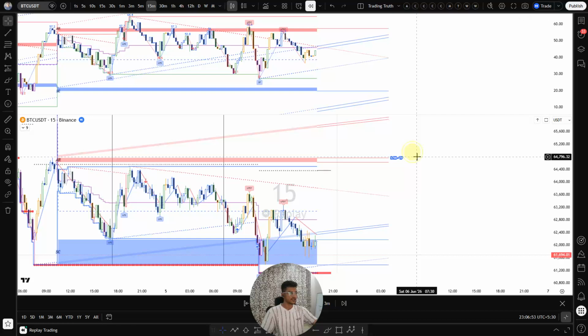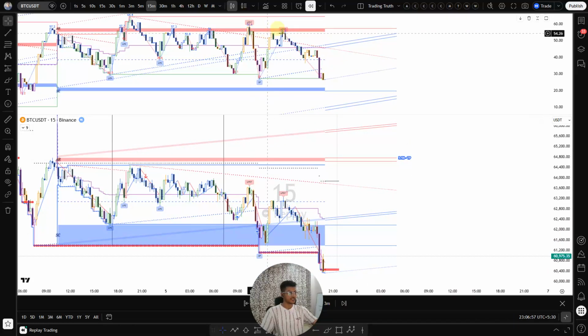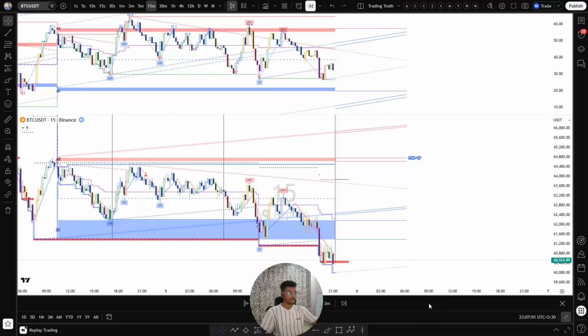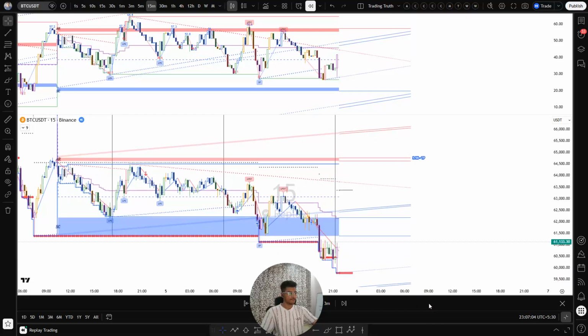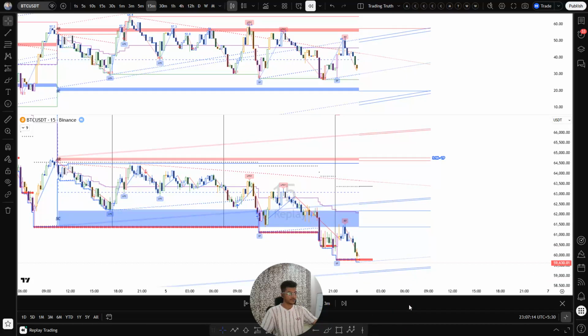So let's see. Another short trade was there, resistance. Market tried to go up, breaking down action, so it's gonna come down. It's gonna reach this point and then it's gonna do some buying.